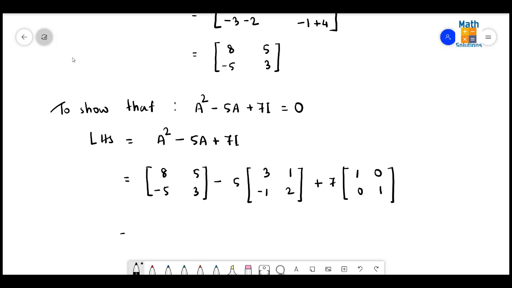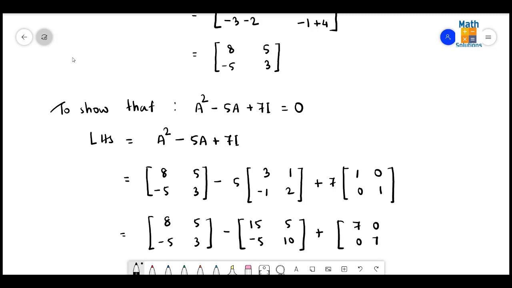And then after, while simplifying, we shall get 8, 5, minus 5, 3. Then after minus, what do I get here? 15. Then after 5, then after minus 5, then after 10 here, plus 7, 0, 0, 7.